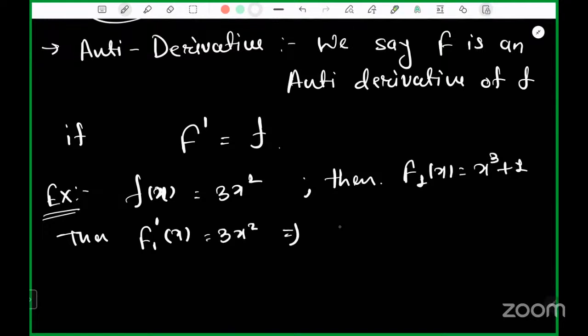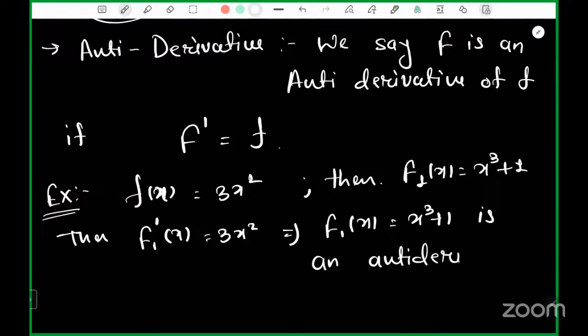So we can say that this F1 of x, which is x cube plus 1, is an antiderivative. But it need not be only x cube plus 1, ma'am. It can be x cube also, yes, that also leads to 3x square. So x cube plus 1, x cube plus 2, whatever constant we have. That's why I'm saying an antiderivative.